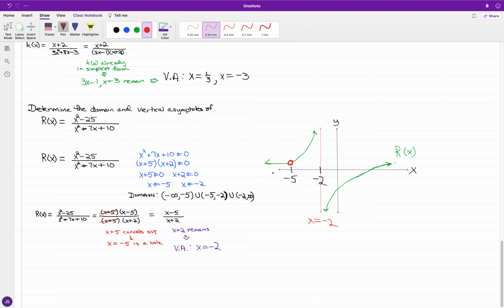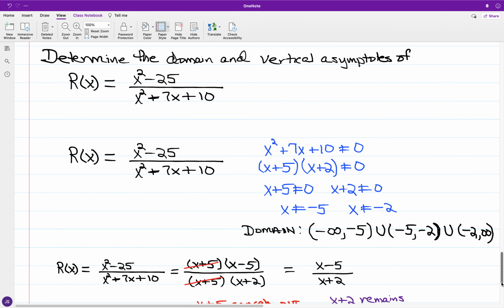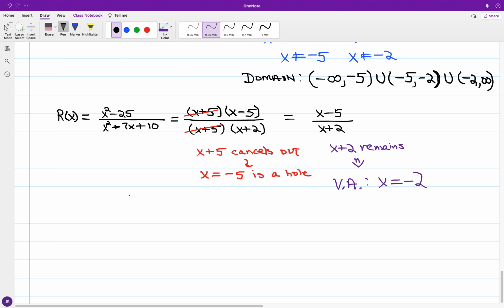Now, with other types of asymptotes, and we're going to have the next categories, this is going back to what we have for rational functions expressed as ratios of polynomials. The other types of asymptotes we're going to have in play will be horizontal and slant asymptotes.